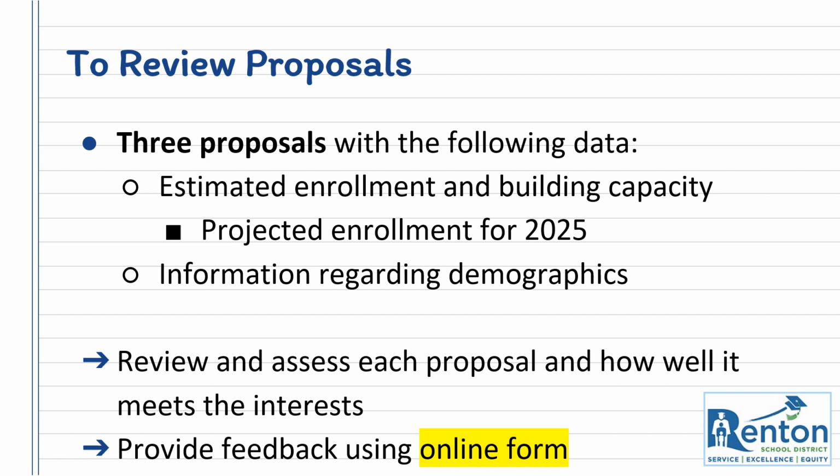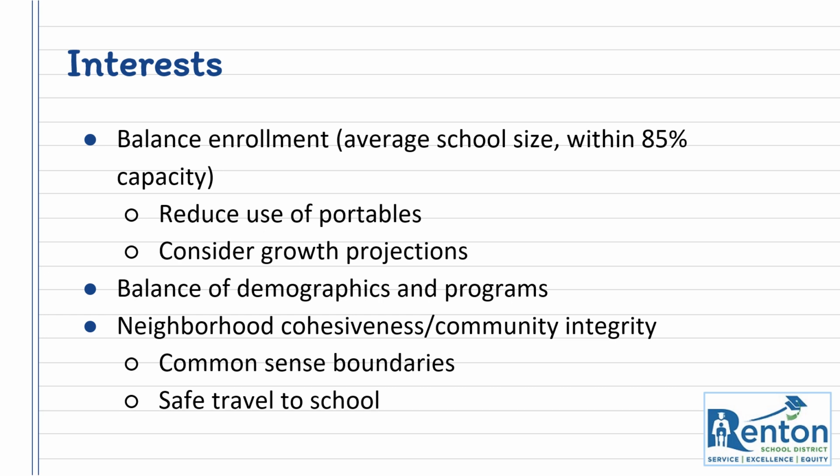And then each proposal shows information regarding demographics for 2023. What we'd like you to do is review and assess each proposal and how well it meets the interests. And then we'll have you provide feedback using the online form. That form is linked on the website, and you'll be able to look at each proposal on the website as well.